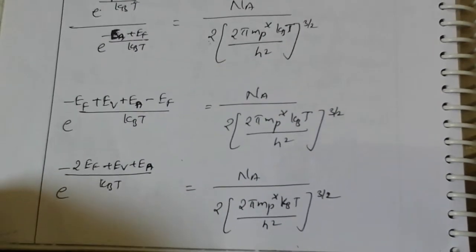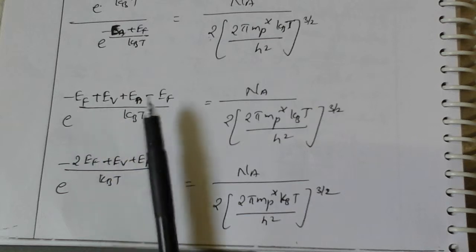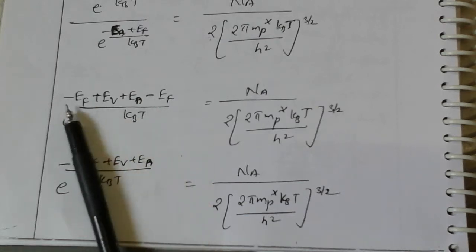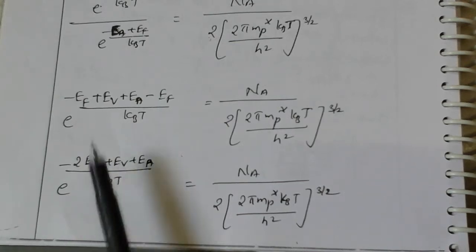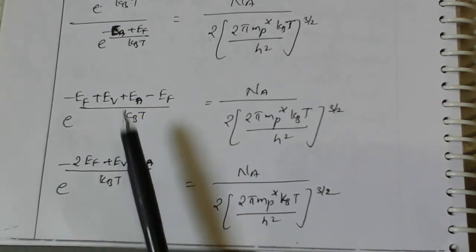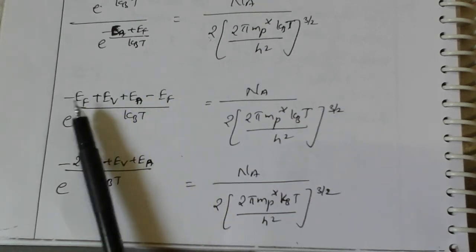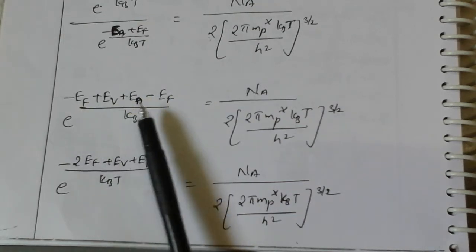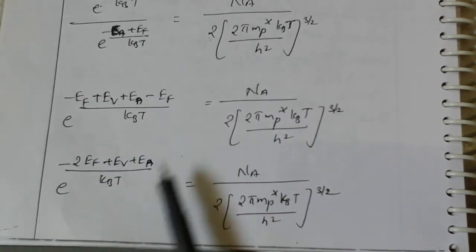Now we are taking e power of minus 2Ef, meaning minus Ef and minus Ef. So minus Ef and minus Ef is equal to minus 2Ef, Ev as it is, Ea as it is. So same equation, but we have done minus Ef and minus Ef, it makes minus 2Ef in the above equation.